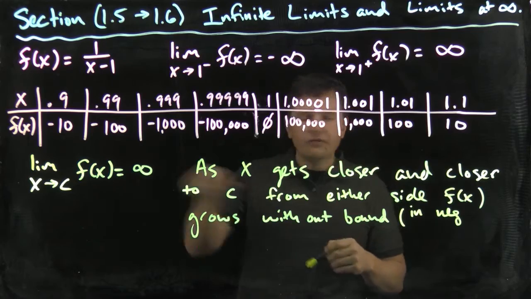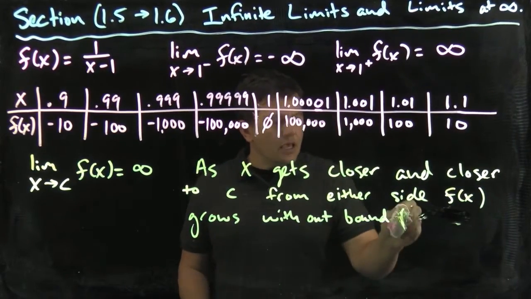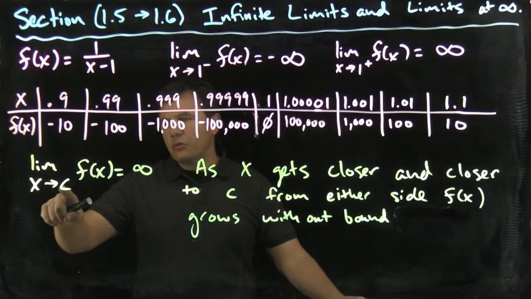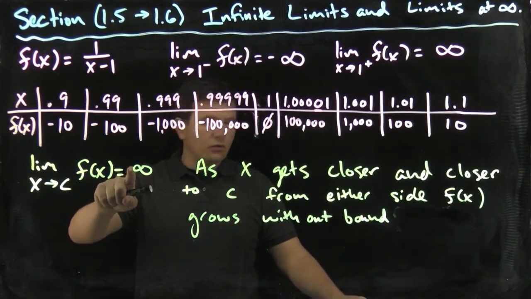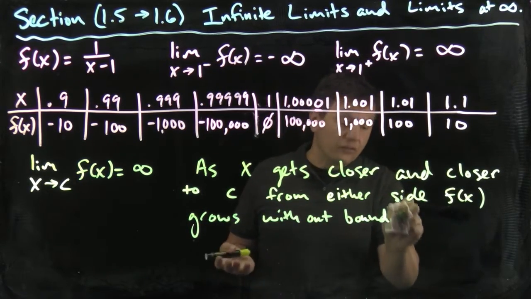Well, if we're doing infinity, that would be in the positive direction. We'll just leave it like that. If we say the limit as x approaches c of f of x equals negative infinity, you would grow without bound in the negative direction, or let's say decreases without bound.